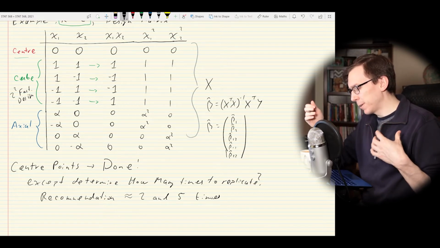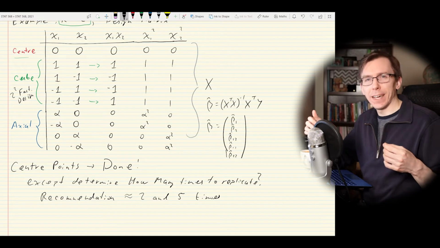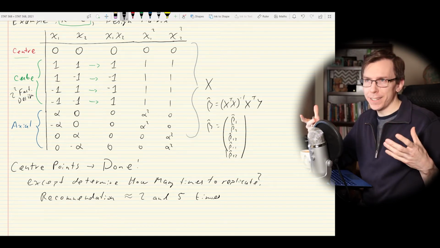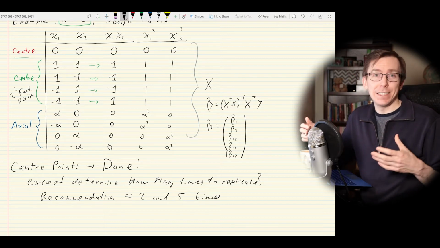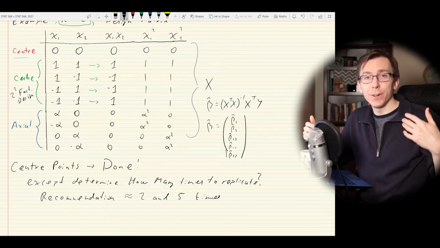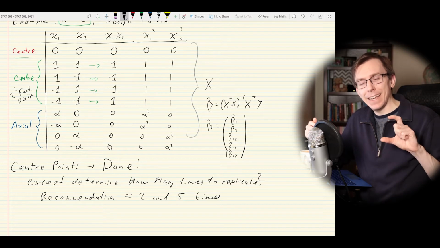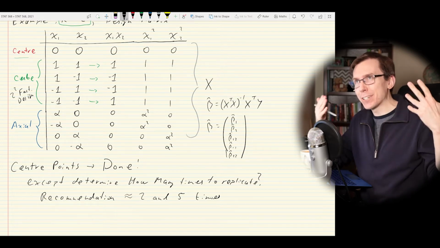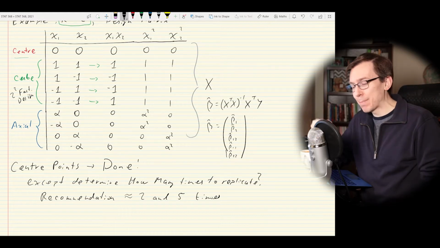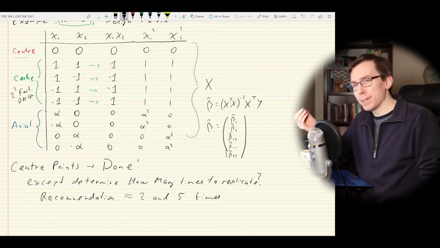So things will be a little bit easier to work with. You'll get a better sense of the noise in your design. That is, if you repeat the same point over and over again, now you have replications with the same input values, and if you can imagine them to be independent replicates, then we can use that to compute the variance.